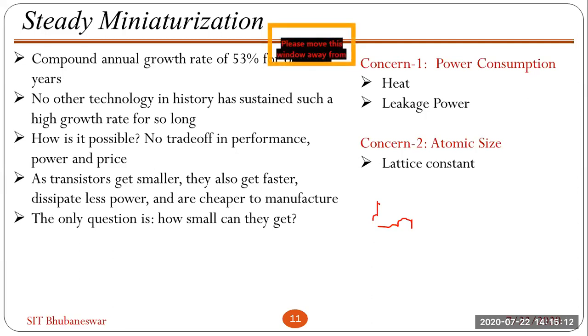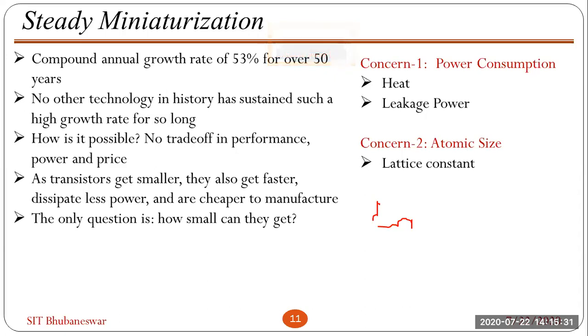Then your battery will die down. Yes, sir, got it, sir. So if we don't give the supply voltage but the power consumption is still there, it's a bad point. That's why leakage power is a problem.